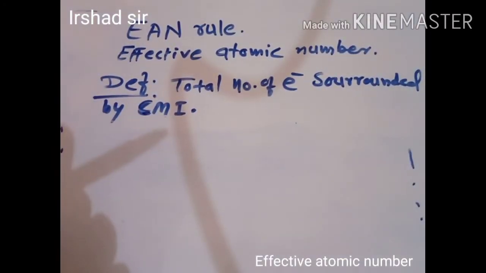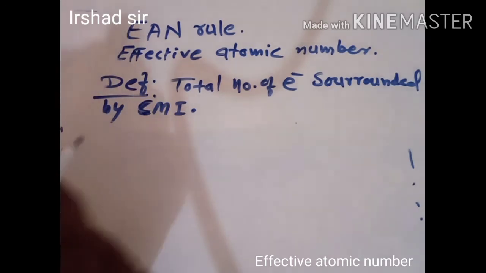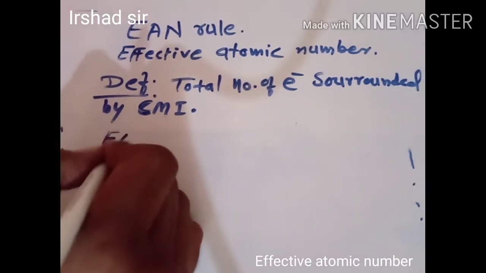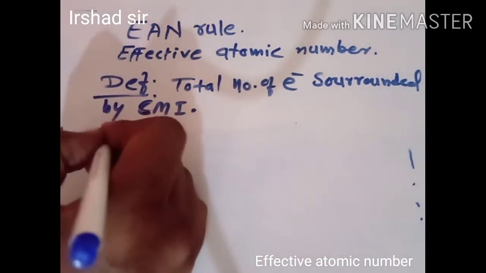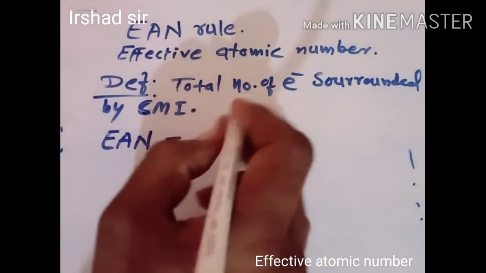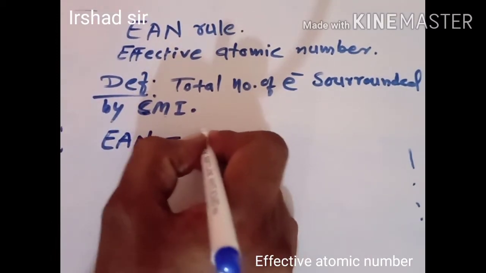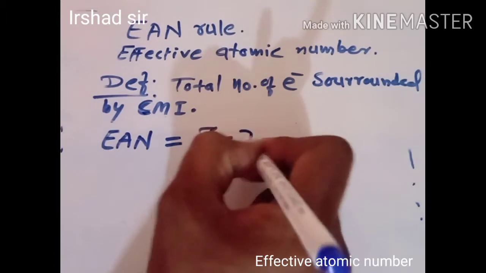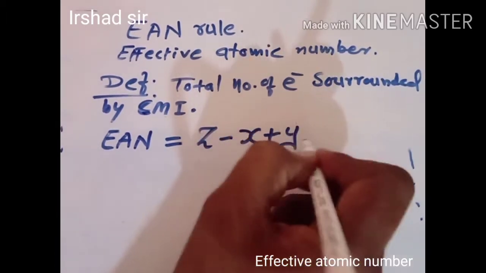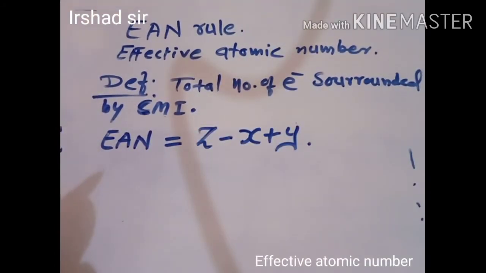by the EAN rule. For calculating the EAN of a given complex, the formula is EAN equals Z minus X plus Y. That is the formula for calculation of the effective atomic number.